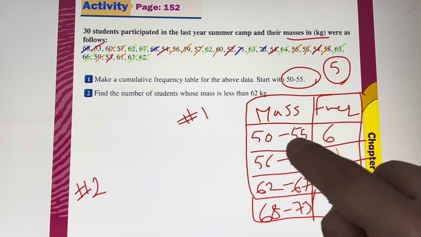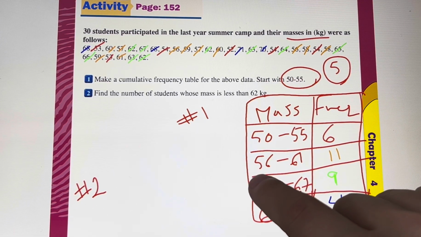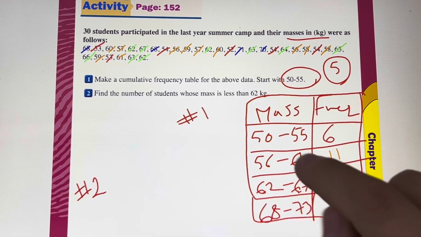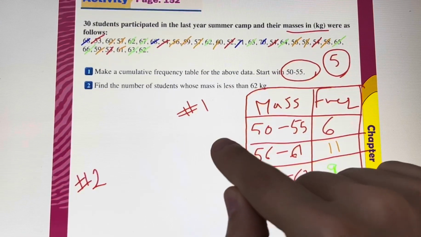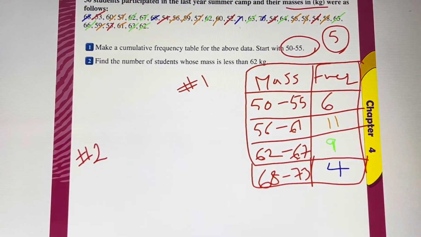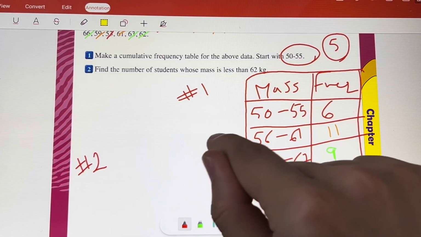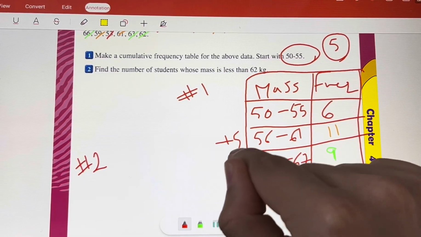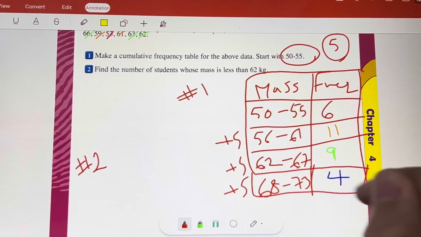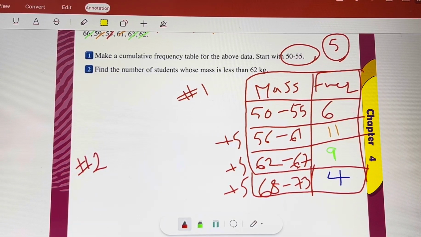I'm not going to start with 55 again, I'm going to start with 56, the new number, and add 5. So I keep on adding 5 by 5 until I no longer can add.